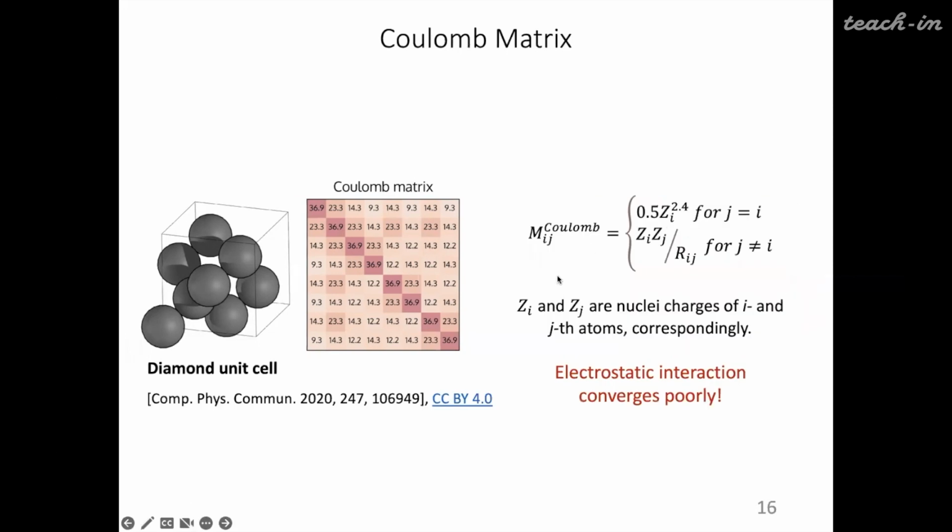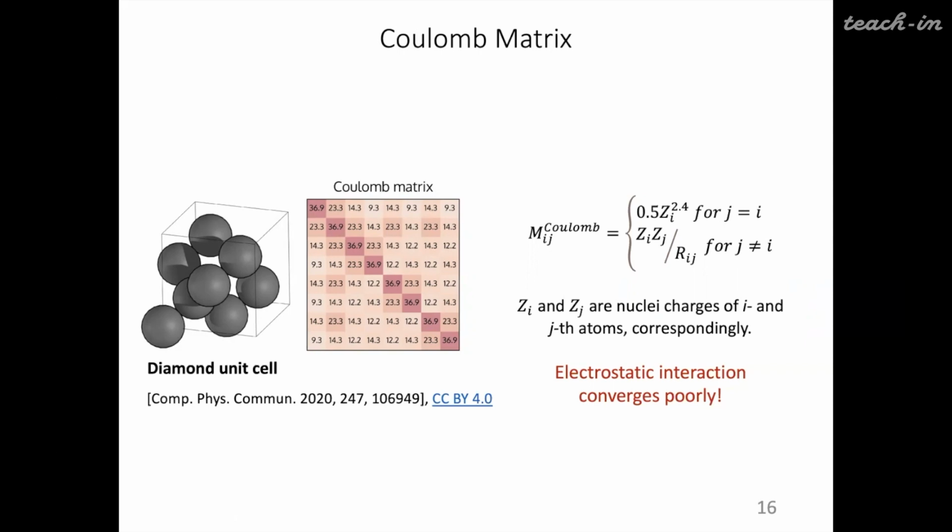It is defined in this way. There are diagonal and non-diagonal elements that emulate electrostatic interactions, although you shouldn't consider these approximated numbers as real electrostatic interactions in model systems, of course.